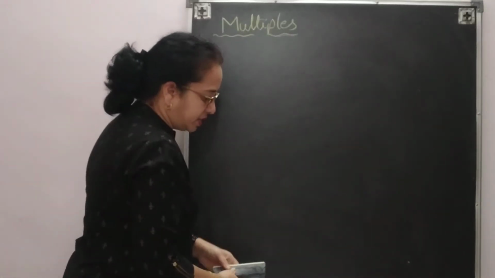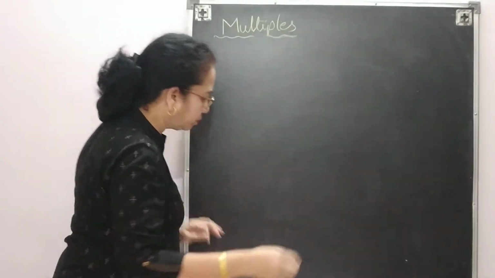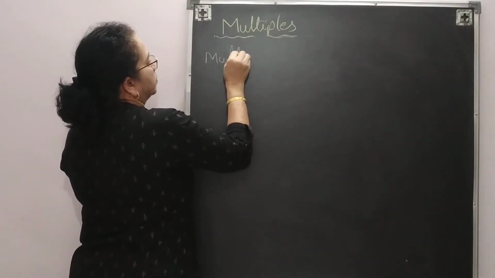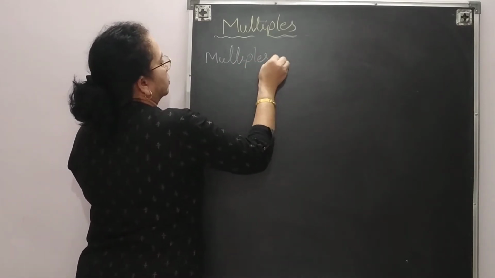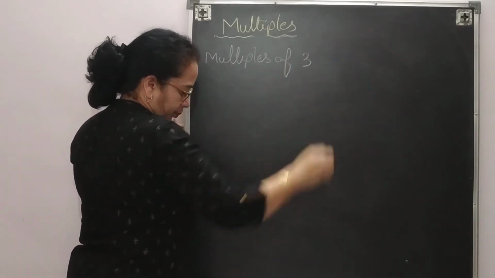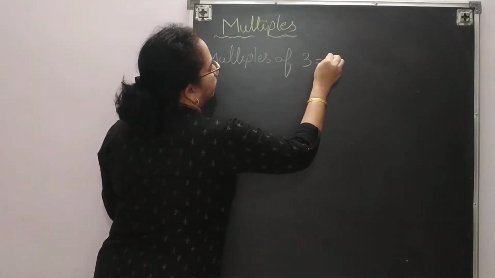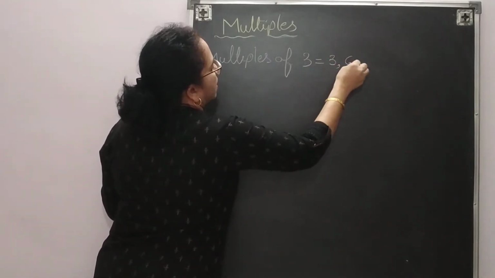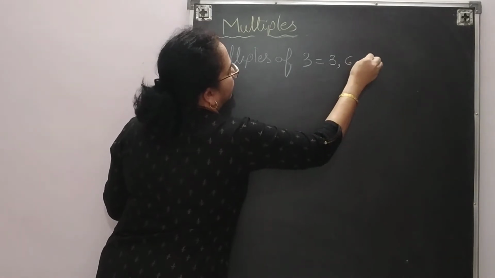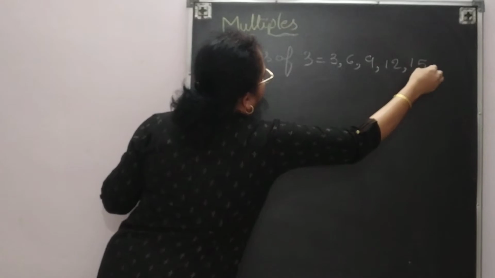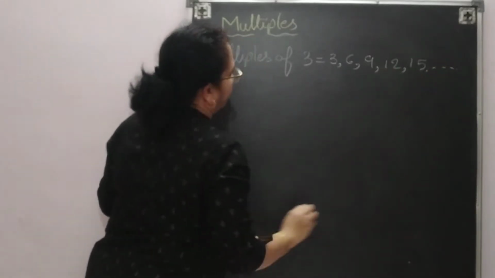So my first example is multiples of 3. Okay. So what are the multiples of 3? 3 1s are 3, 3 2s are 6, 3 3s are 9, 3 4s are 12, 3 5s are 15 and so on.